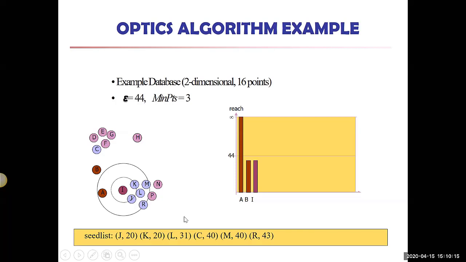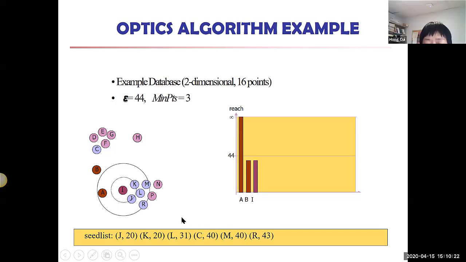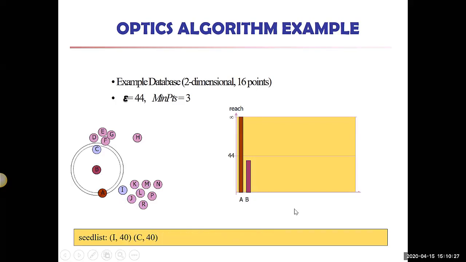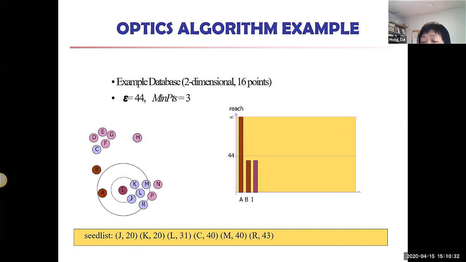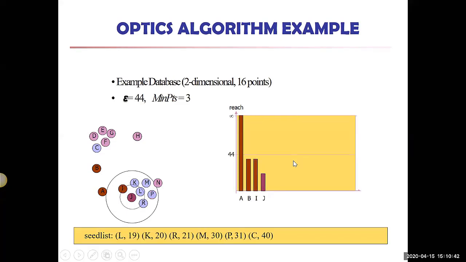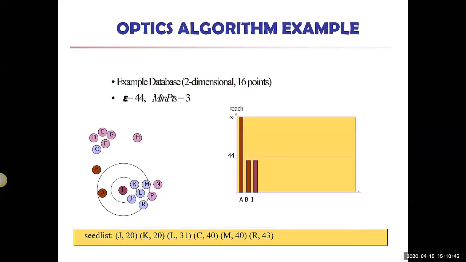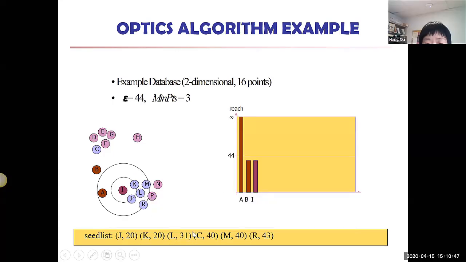So in here we should see K, J, L, M, R, and the previous points that we added before. Okay. But we don't see the core point itself. Yeah, does that make sense? So the idea is we want to plot closer points together to create that valley. So is the seed list the points that are not explored yet as potential cores, but we think might be useful? We don't know yet, yes.